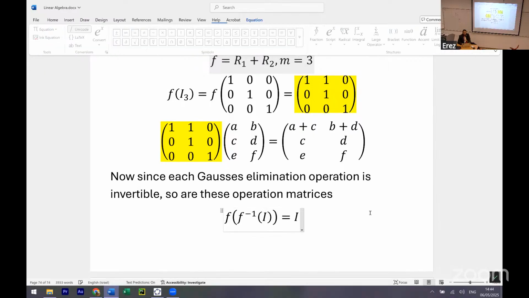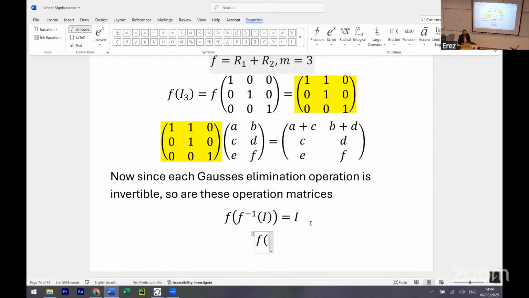In order to apply the operation f, I need to multiply by the matrix f of I because of what I said earlier.